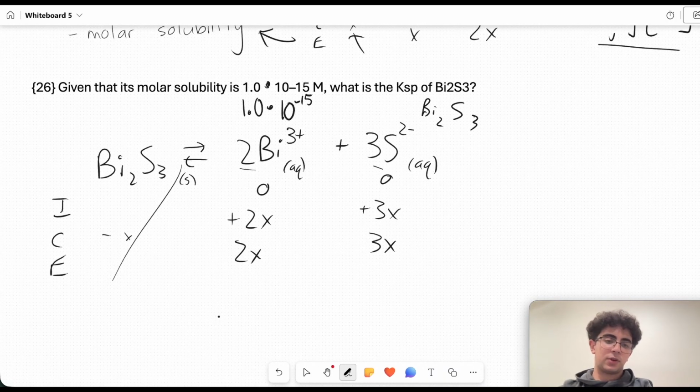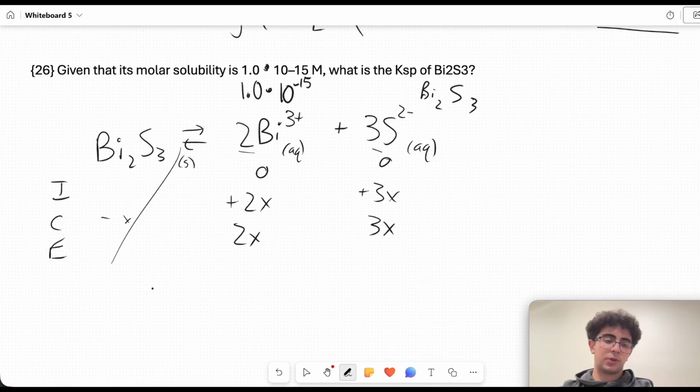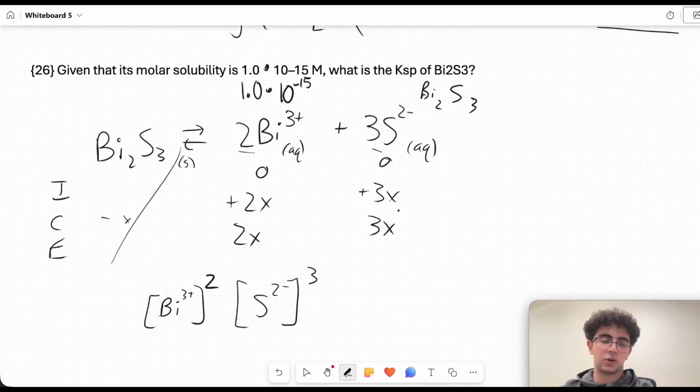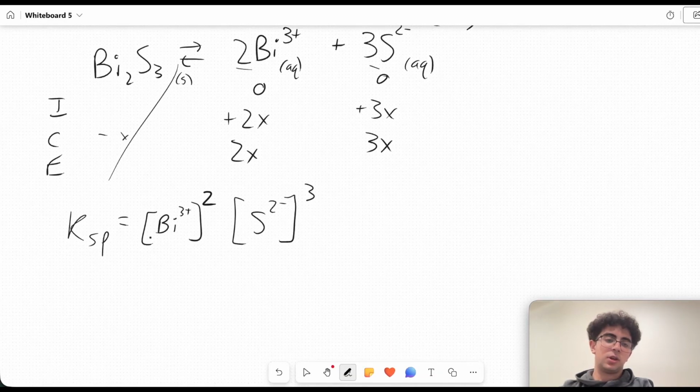So with our Ksp, note that our Ksp here is going to be Bi3 plus squared because it's got coefficient of 2, and then times S2 minus cubed because it's got coefficient of 3. So that's our Ksp.